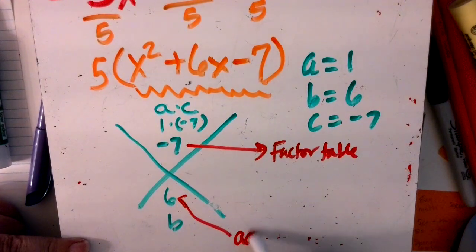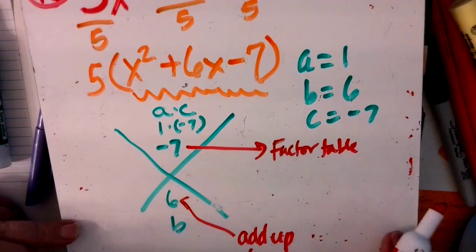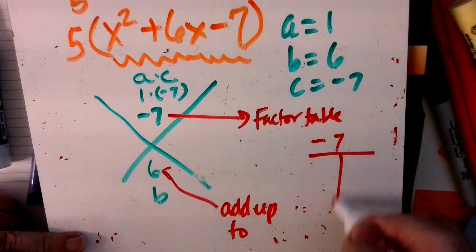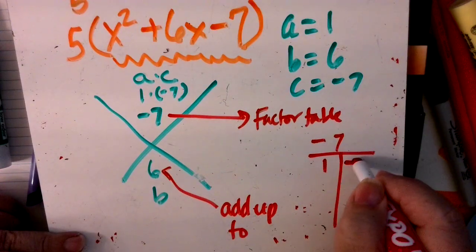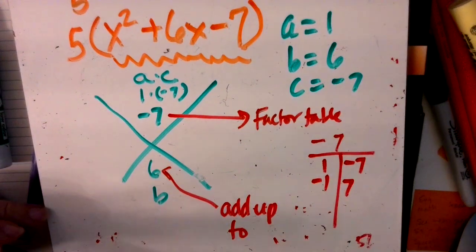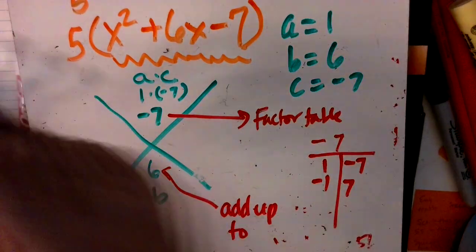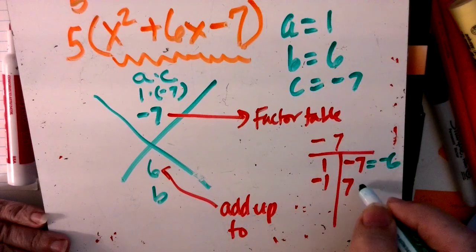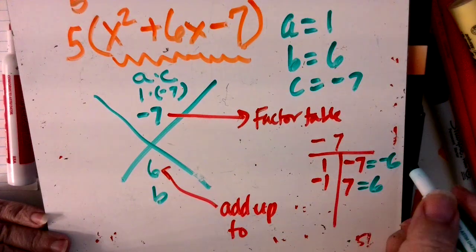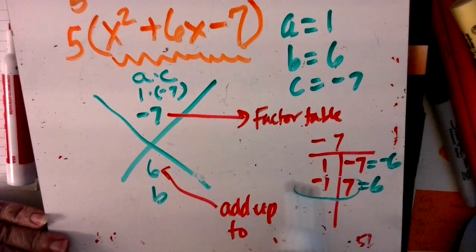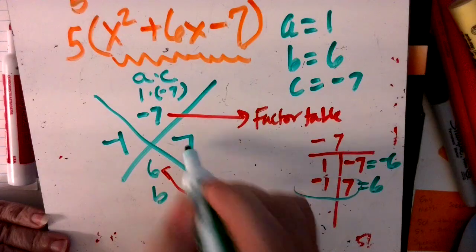We want to find numbers that add up to 6. We have 1 times negative 7, and negative 1 times 7. That's it. If we add them together, 1 plus negative 7 is negative 6. Negative 1 plus 7 is 6. So we actually need positive 6. These are our factors, negative 1 and 7.